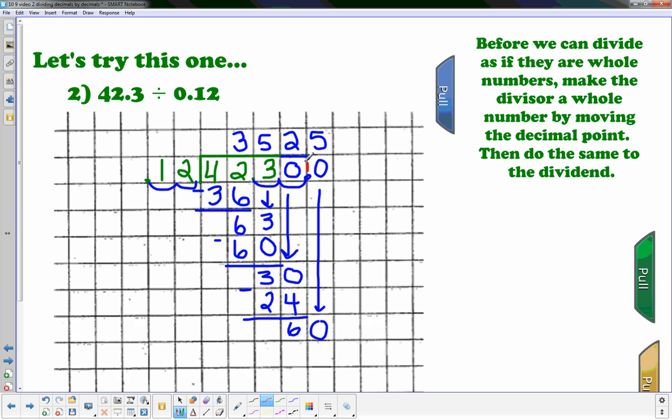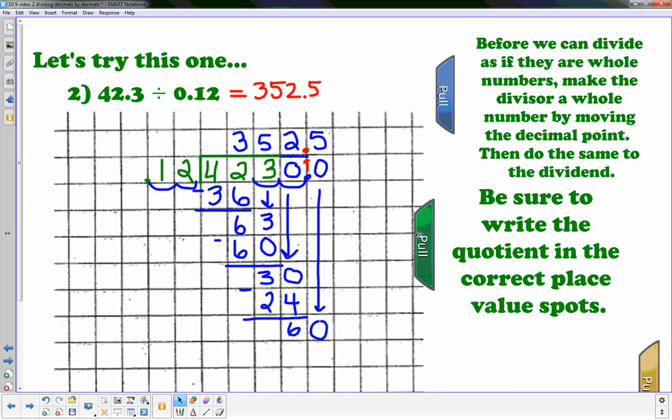I'm going to move that decimal point straight up. So my answer is 352 and 5 tenths. Notice, it's really important that I write my quotient in the right place value spots. If this would have been shifted over, that decimal would have been in the wrong spot.